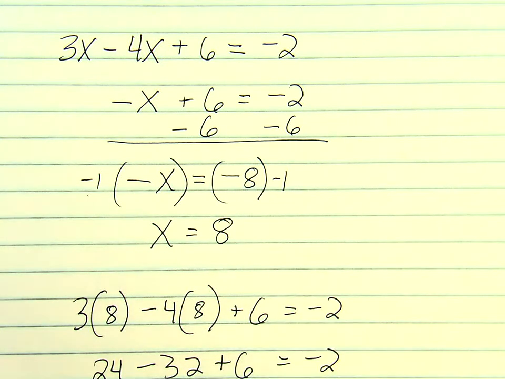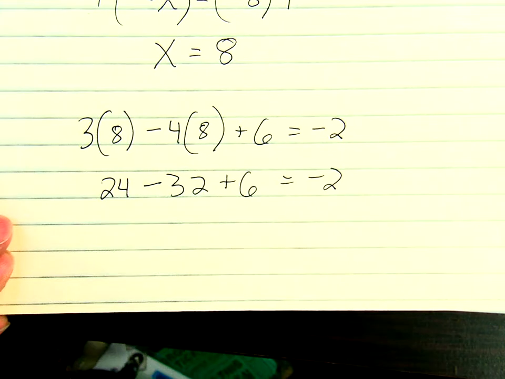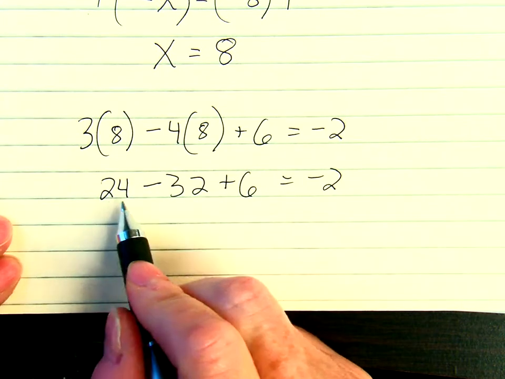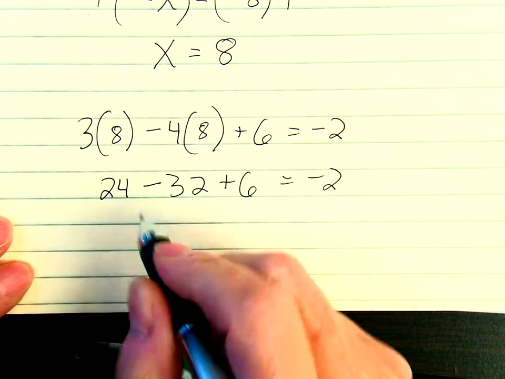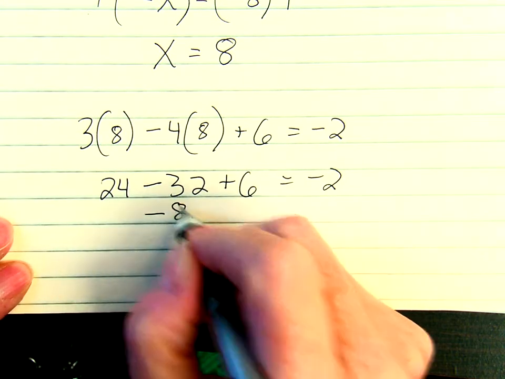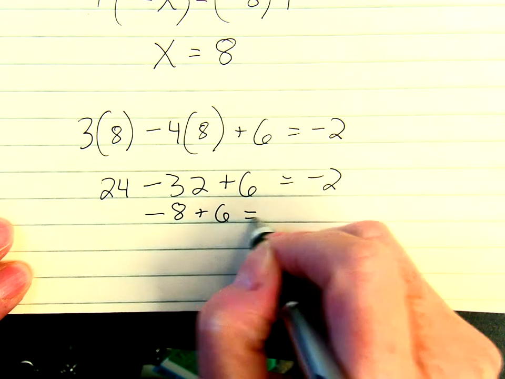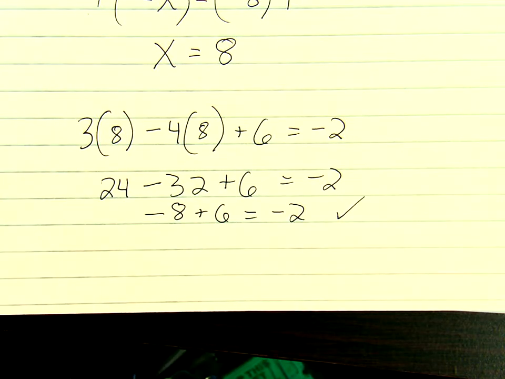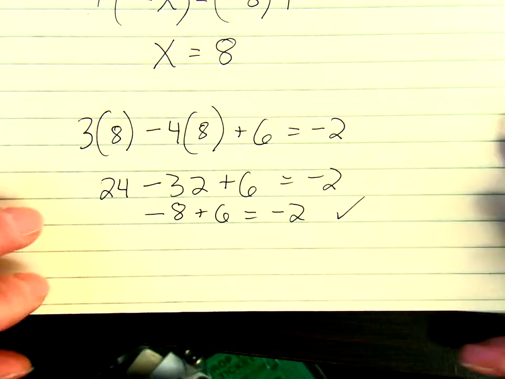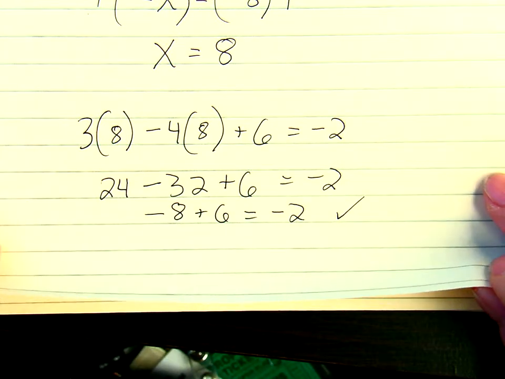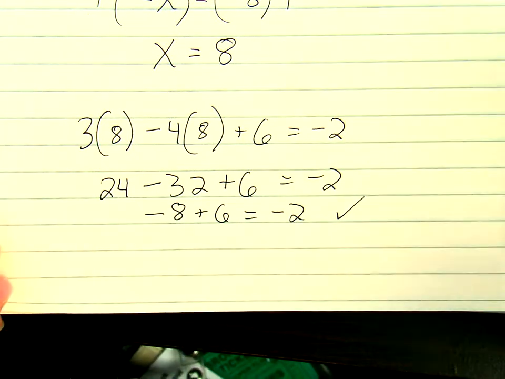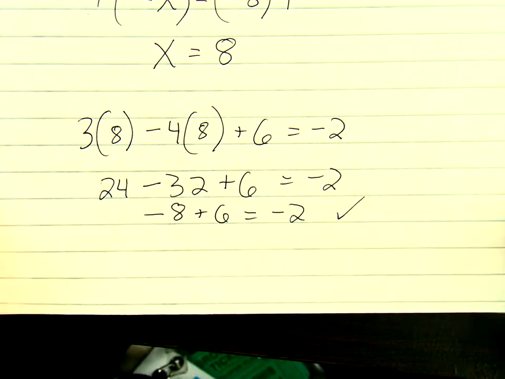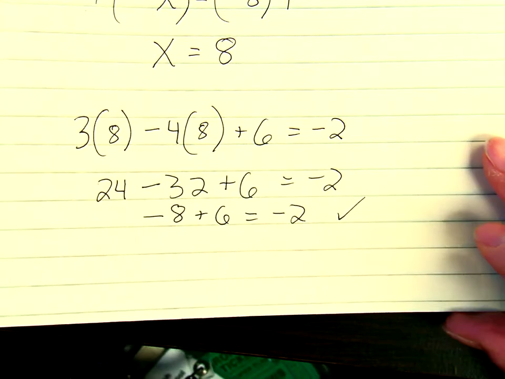And here 24 minus 32 is a negative 8 plus 6 equals negative 2. And yes, it does. So a nice check at the end doesn't really hurt. It can only help. So that is one of our simpler multi-step problems.